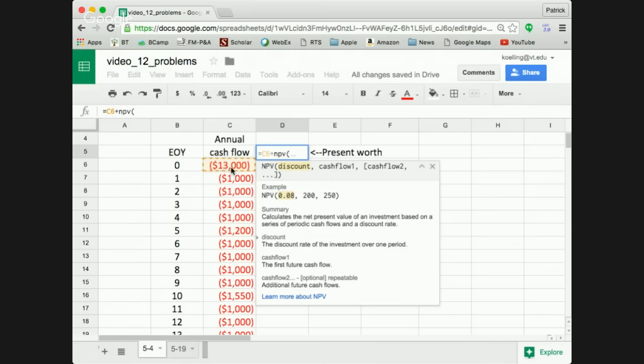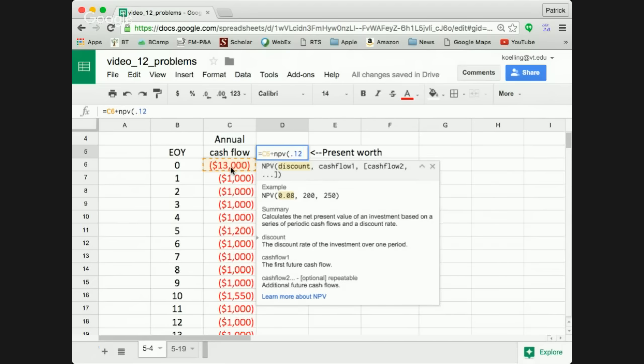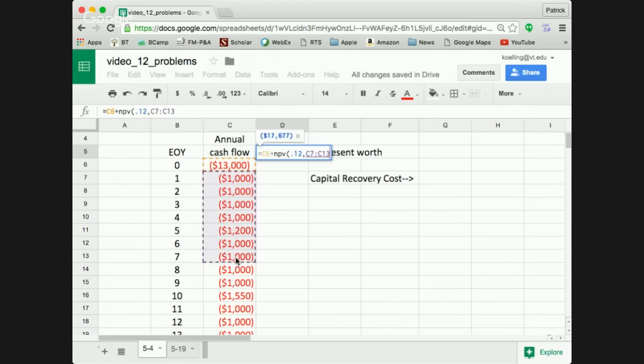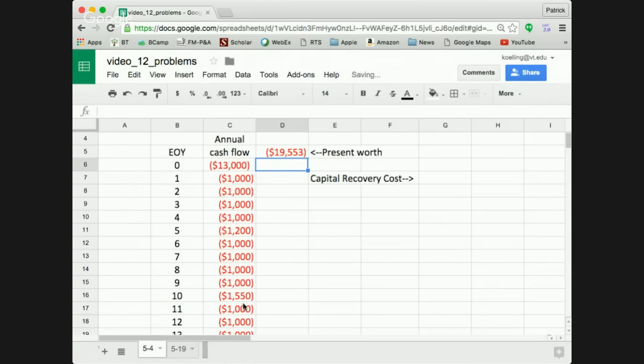The MAR was 12%. And then what are our cash flows? Our cash flows begin here at the end of year 1, and they'll go all the way through the end of year 15. And I'm going to close that function. And there we go.